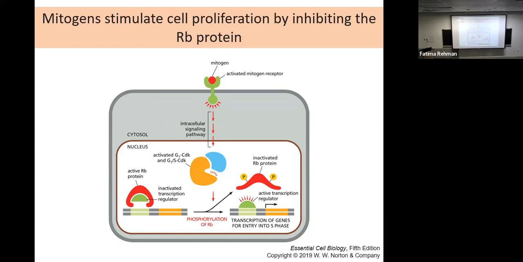Yes, so if there is mitogen binding, but there is contact inhibition, contact inhibition trumps the mitogenic signal. So even though the signal is coming in, there are other inhibitory signals getting produced because the cells are bound to each other and there is no space. So the environmental stimuli would not be enough because there's no space to grow.